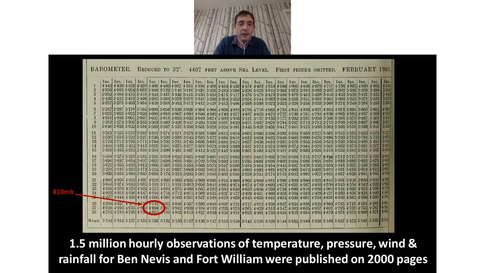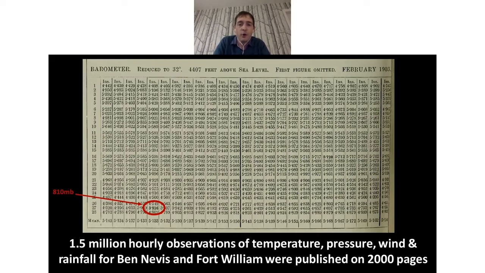But their observations were faithfully recorded, and we have hourly observations of temperature, both dry bulb and wet bulb thermometer observations. We have observations from barometer, and we have rainfall observations every hour as well. And this is one of the pages from the published data logbooks that we have available to us.